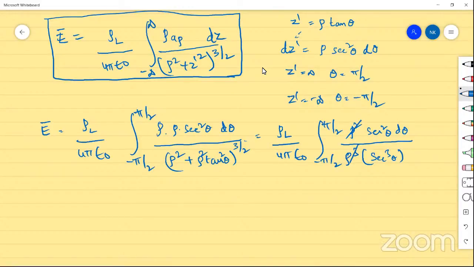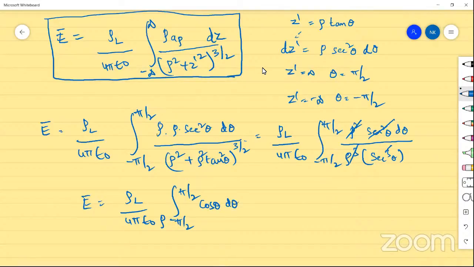This cancels out, so rho will remain in the denominator, and we are left with secant theta in the numerator over secant cube theta. So finally E bar is equal to rho L by 4 pi epsilon naught, integral from minus pi by 2 to pi by 2, with rho in the denominator, cos theta d theta.